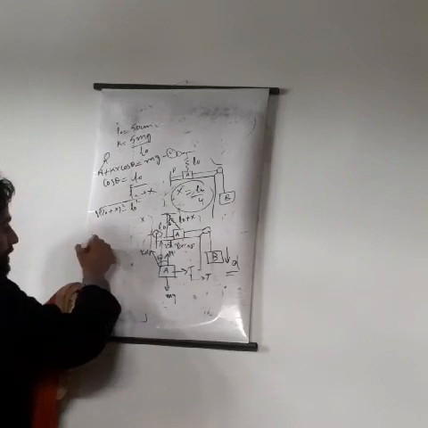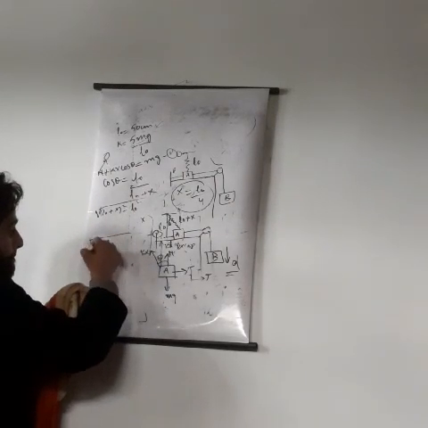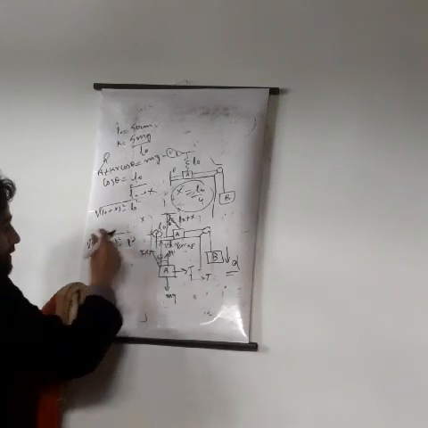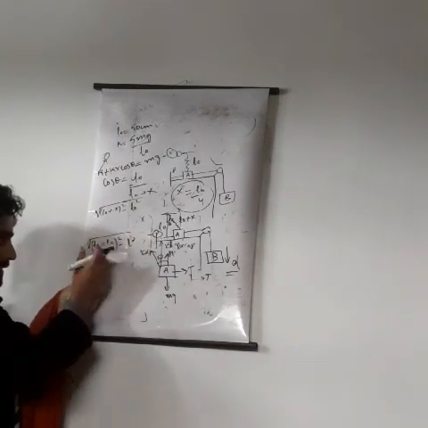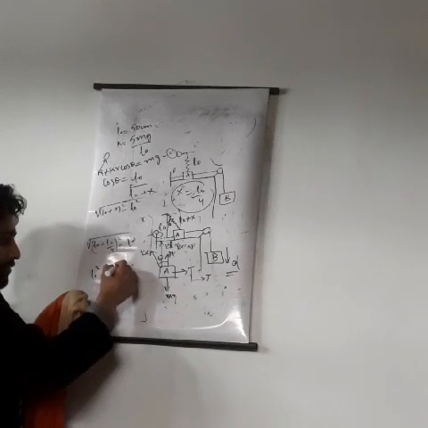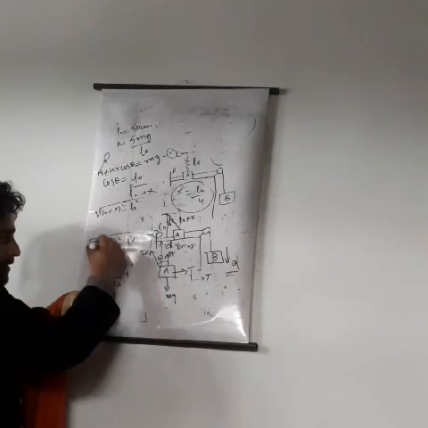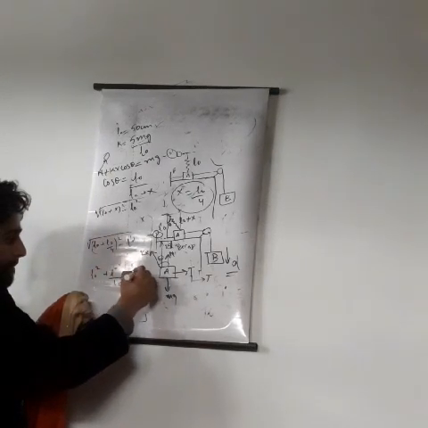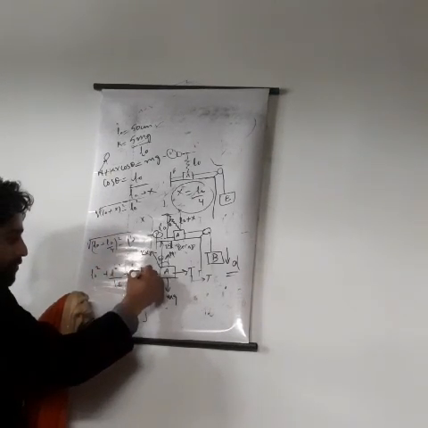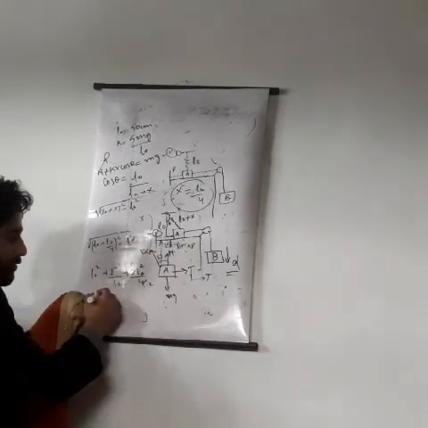So using this value here, I write L naught plus L naught by 4 whole square minus L naught square, keeping the square root. We'll evaluate this term. So this is L naught square, a plus b whole square, L naught square by 16 plus 2 L naught square by 4. So this is L naught square by 2.